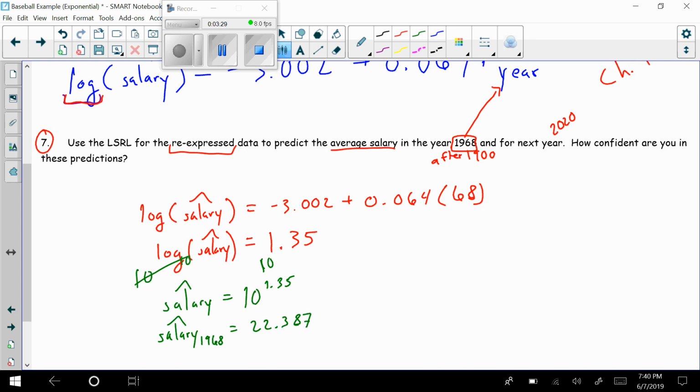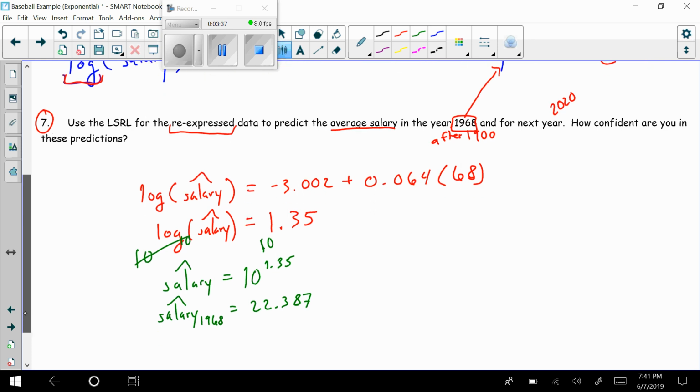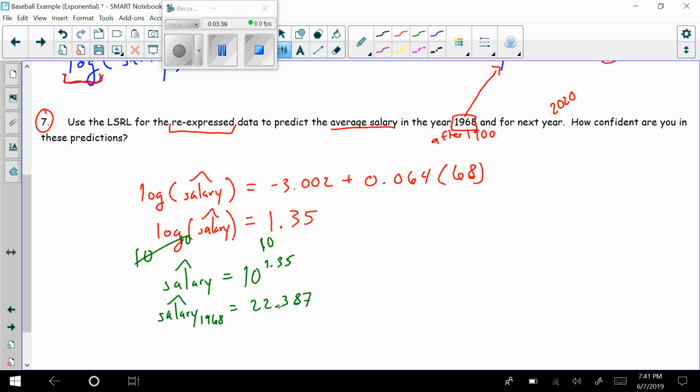22.387. Does that mean that that is $22 and 39 cents? Well, of course not. Remember that this is in thousands of dollars.